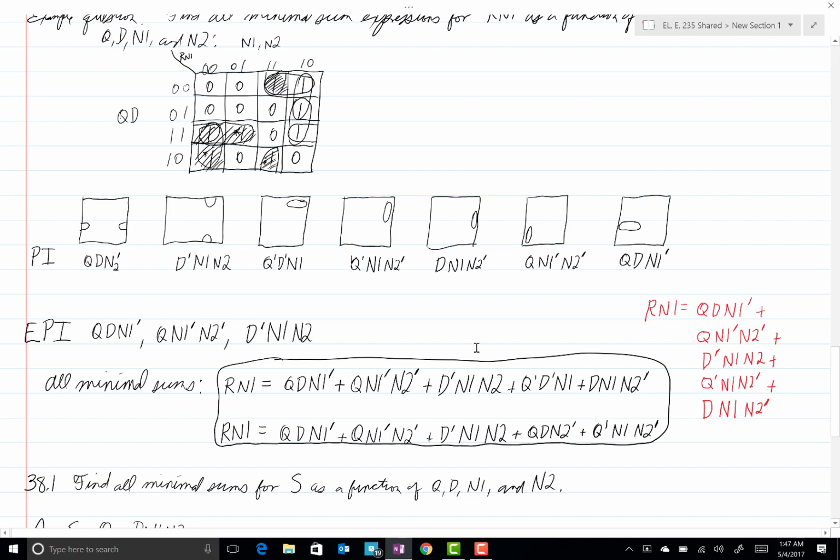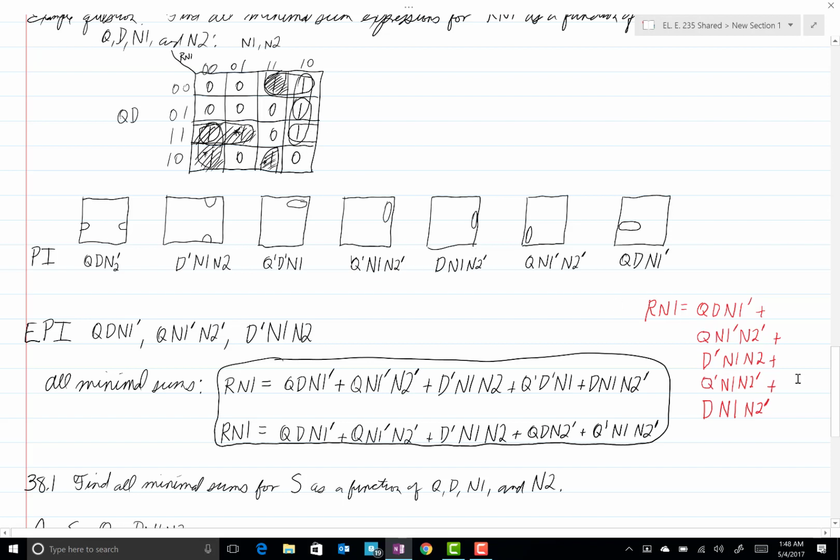And notice, like the other two minimal sums, it begins with the three essential prime implicants, and then the last two terms that we're going to add are Q prime N1 N2 prime, which is, as you can see right here, these two ones, and then we're also going to add D N1 N2 prime, which, as you can see right here, is those two terms.